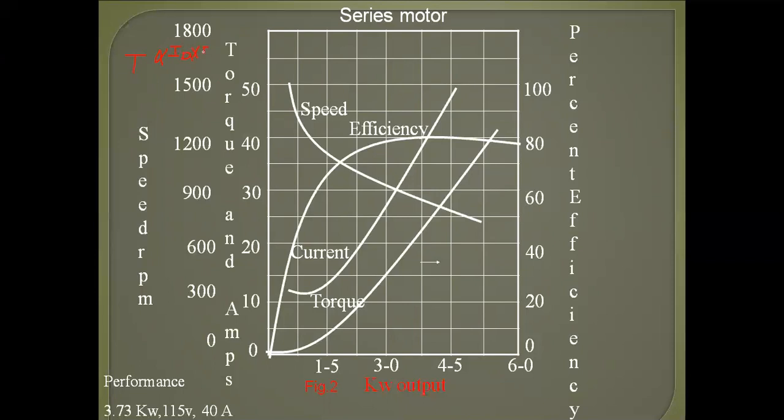Finally, before saturation, the torque in a DC series motor is proportional to the square of the armature current. Therefore, on light load, mechanical torque is proportional to the square of the armature current, and hence the curve drawn between torque and armature current up to the saturation point is a parabola.